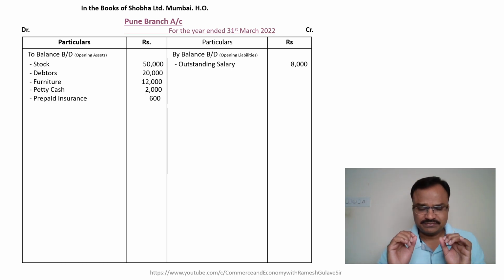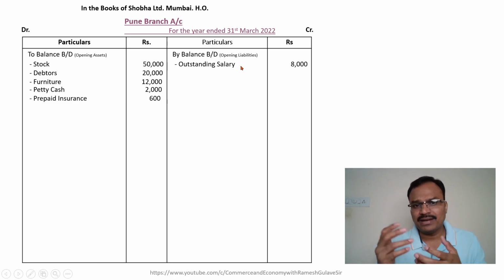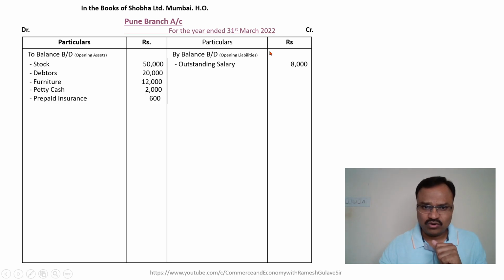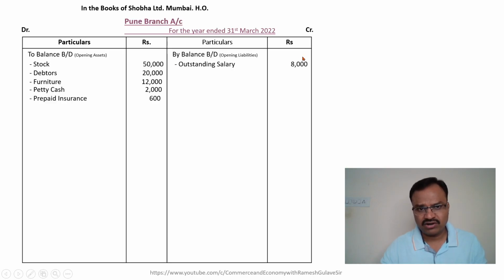So now make it clear that opening balances of assets are recorded on the debit side and opening balances of liabilities are recorded on the credit side of branch account at the beginning, right? Opening liabilities may include creditors and bank loan as well, but in this question, as liability includes only outstanding salary, so we have recorded accordingly the outstanding salary under the head opening liabilities on the credit side of branch account, right?